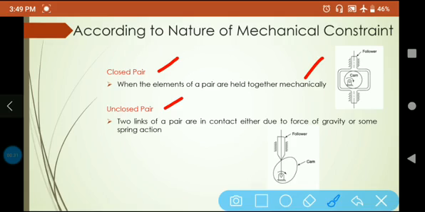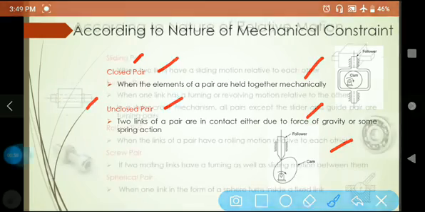If the links are held together by force of gravity or by some spring action, then such a pair is known as an unclosed pair. An example for an unclosed pair is again the cam and follower arrangement, where the follower is held in its place by the force of gravity or by spring action.